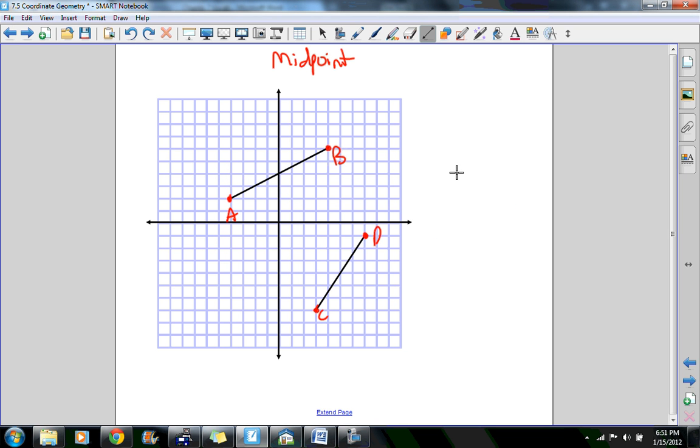Midpoints under each of these. There's a couple different ways we can do this, but I think the easiest way is going to be averaging out what we call the horizontal component and the vertical component.